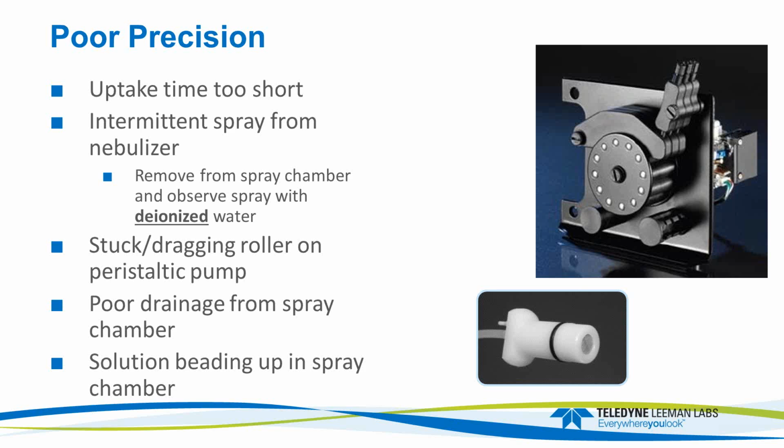So we go ahead and try to clean that spray chamber up a little bit so that it drains better. Or you just see general beating up in the spray chamber because it's got some coatings on it, or sometimes people switch back and forth between aqueous and organic and didn't really clean it out well. That can cause precision problems because you're renebulizing some of that stuff that's in there.